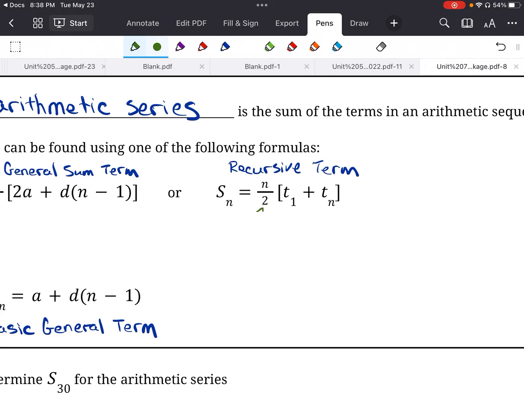So the n over 2 represents the number of terms. The t1, your first term, is also obviously just the first term. And tn represents the last term.